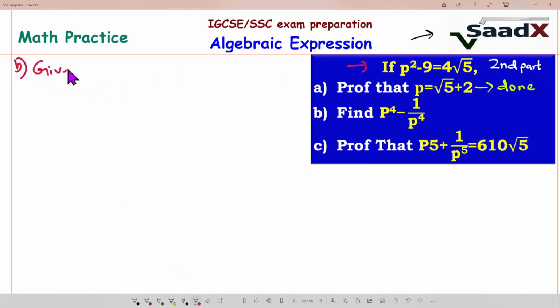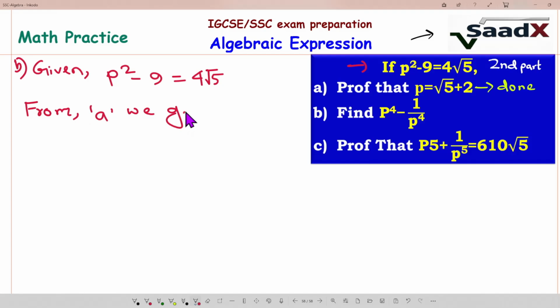Given p² - 9 equals 4 root 5, right? But from A we get p equals root 5 plus 2.